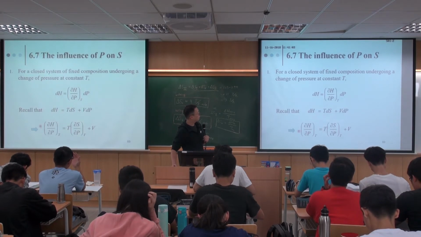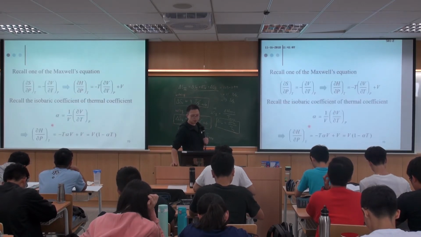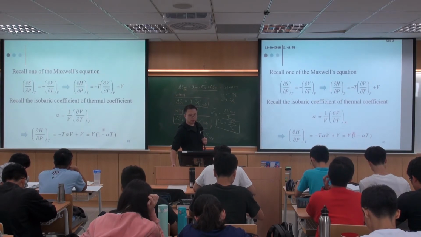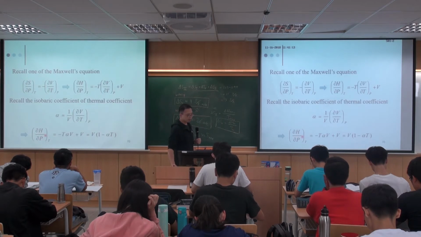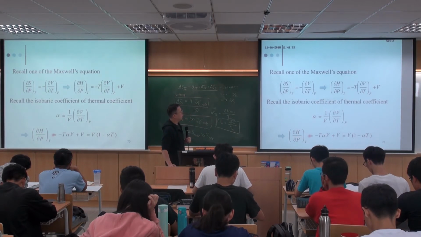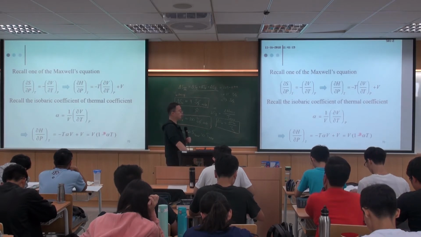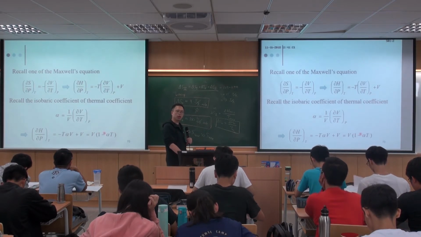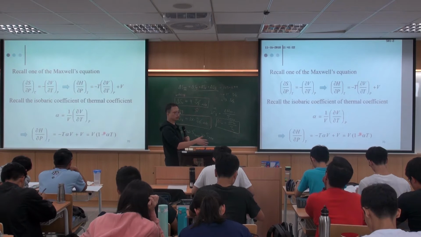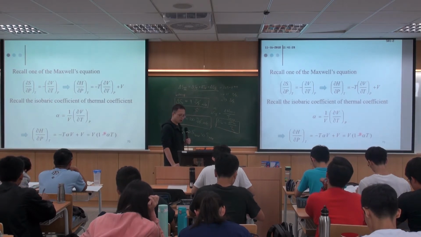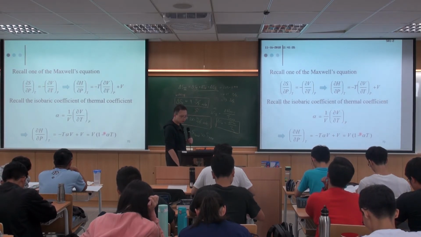And by using the relations that we used in chapter 5, it turns out that partial H, partial P at a fixed temperature is in fact the volume times 1 minus alpha T. Actually, we've already derived this in chapter 5. So this is only reviewing what we've already learned.